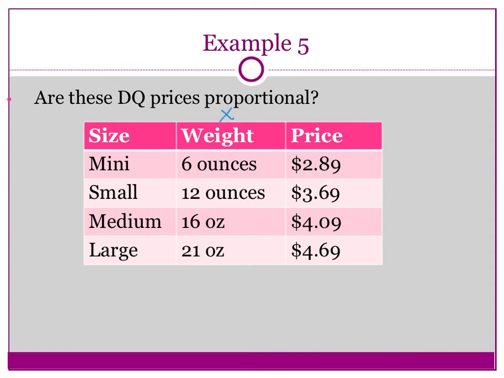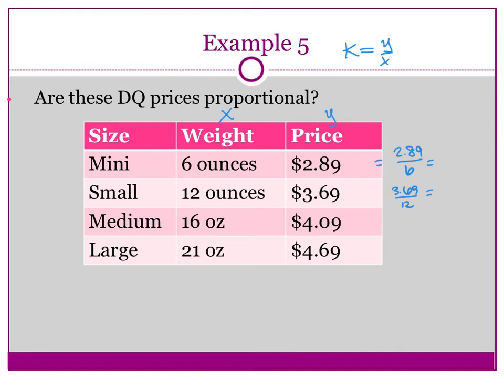Likewise, for example 5, it says, are these Dairy Queen prices proportional? Again, if my weight is my x and my price is y, we know that k is equal to y divided by x. We just figured that out in the last problem. So for my mini, I'm going to take $2.89 and divide that by 6 ounces. Likewise, I'm going to take $3.69 and divide that by 12 ounces.